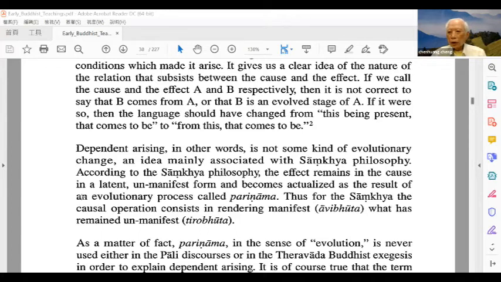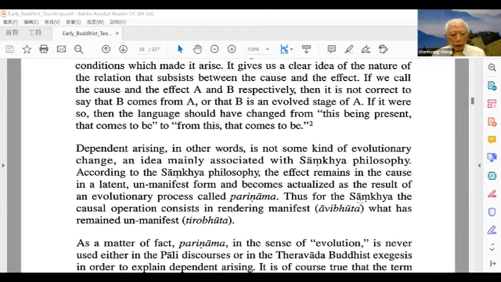This paragraph is a little bit hard to understand. Dependent arising, in other words, is not the same kind of evolutionary change, an idea associated with Samkhya philosophy. According to Samkhya philosophy, the effect remains in the cause in a latent, unmanifest form, and it becomes actualized as the result of an evolutionary process called parinama.